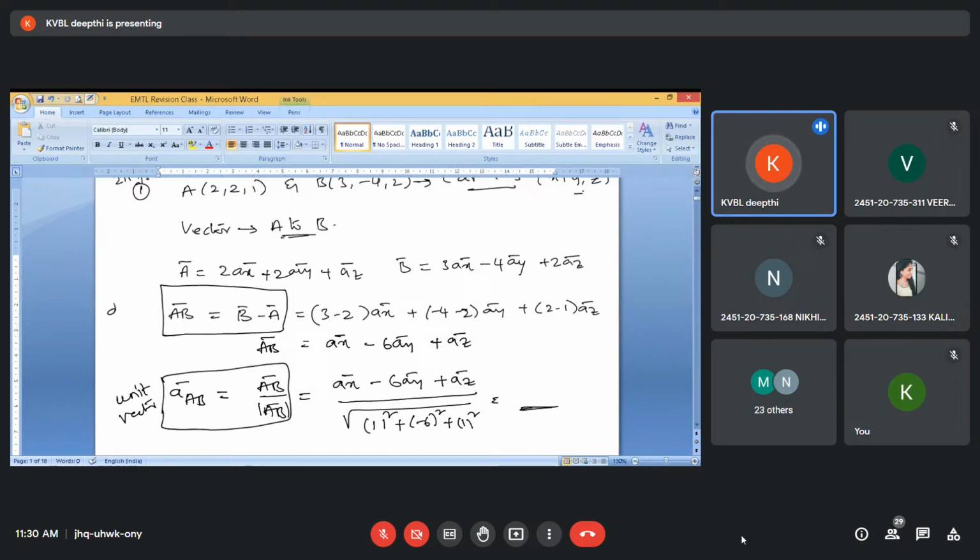This is also normally called the distance vector. In the exam they will be asking you to find the distance vector and the unit vector. So the distance vector is AB bar. Suppose they are asking us to find from B to A, how do we write it? We write BA bar, which is A bar minus B bar.